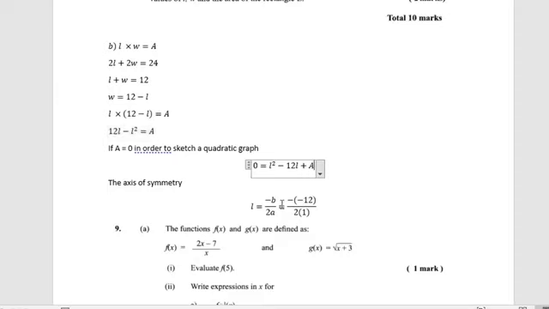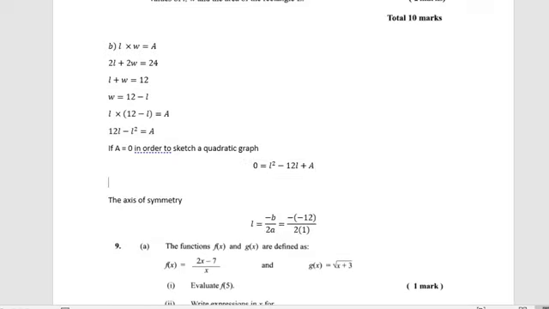So now we're looking at L versus L squared versus A, and we're trying to calculate what the axis of symmetry is, which gives us L. And remember, from the quadratic formula, it is ax squared plus bx plus c.